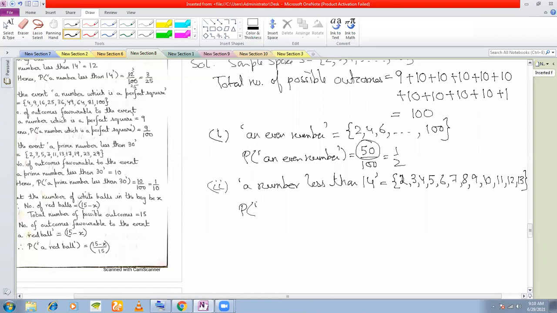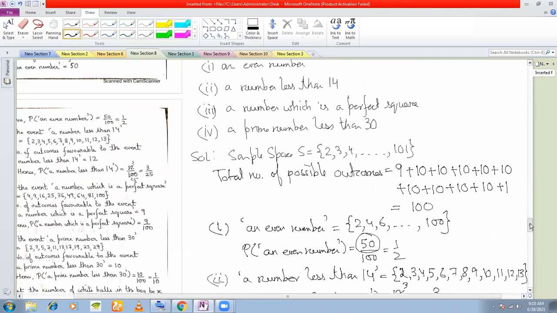So what is the probability here? How many if you count here? 12. 12 by 100. You cancel here with 4. So you get 3 by 25. That answers your second part.